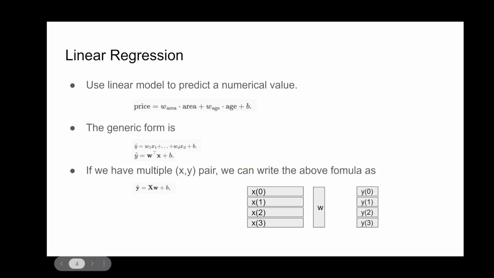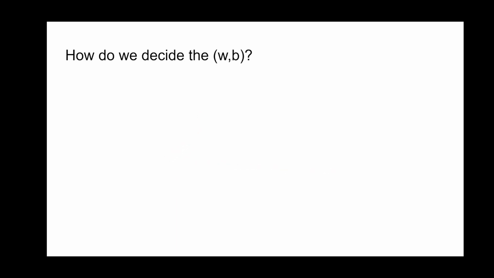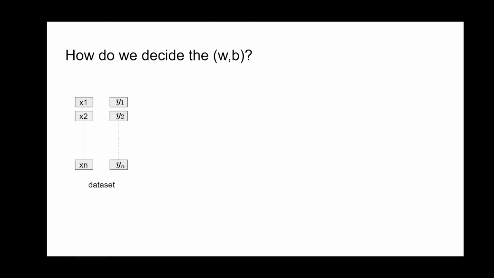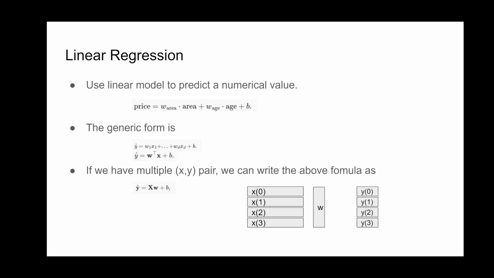In this case, X will be a two-dimensional vector, with two elements: the area of the house and the age of the house. We then use these to make the prediction.